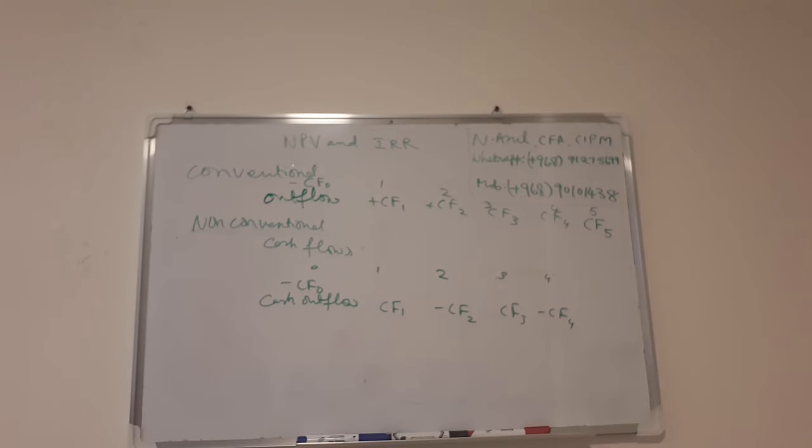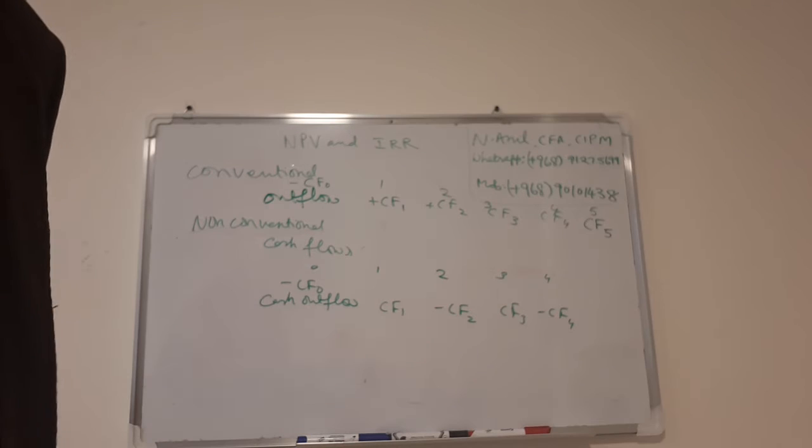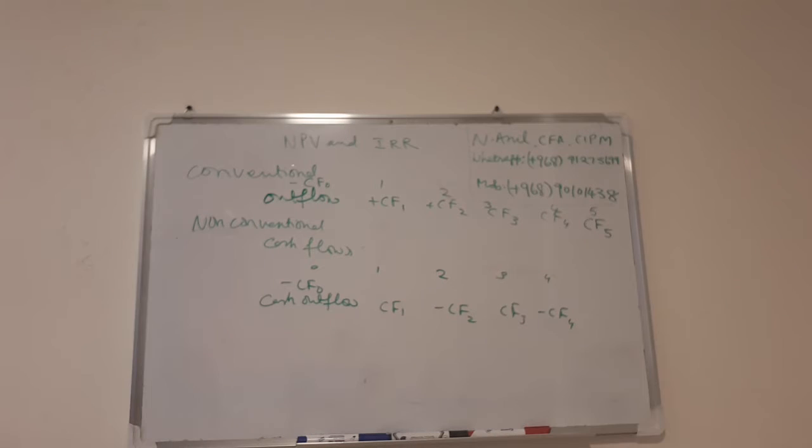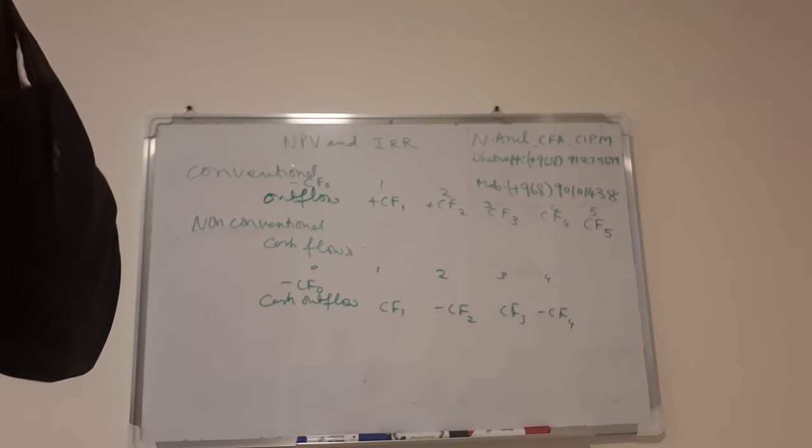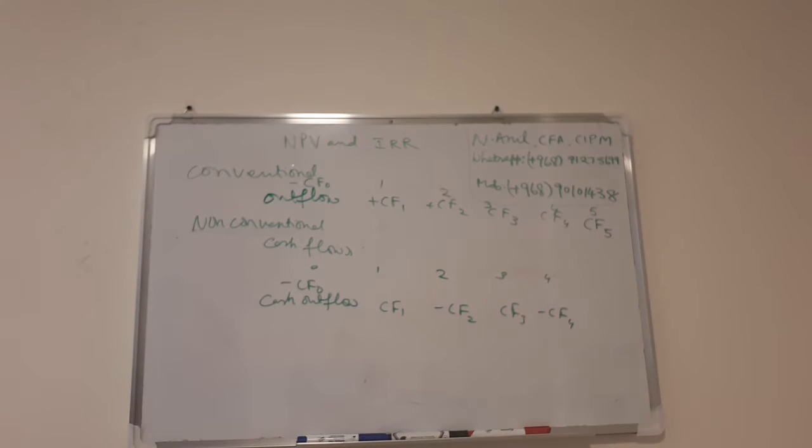Now we also need to understand, when you are doing projects, what are independent projects and mutually exclusive projects. Independent projects means the cash flows are independent of each other.